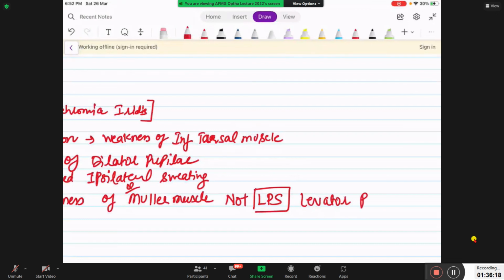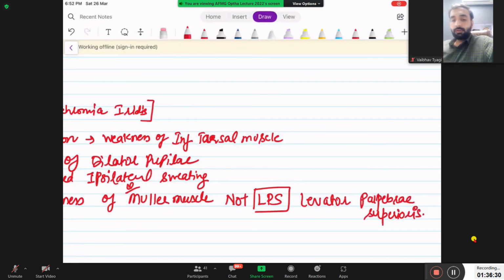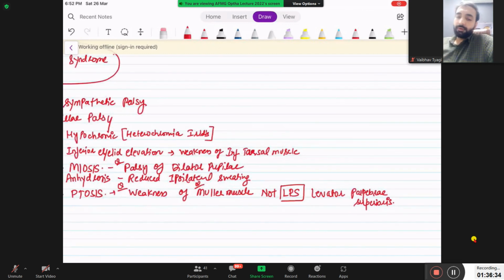Levator palpebrae superioris. So ptosis is seen because of weakness of Mueller muscle and not LPS. This is also very important.